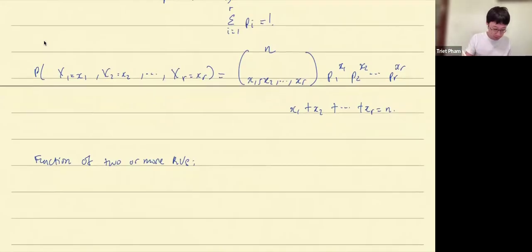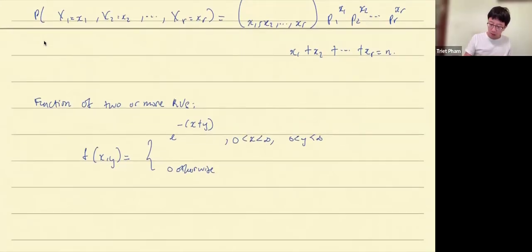For example, you have the joint density of x and y is e to the minus (x plus y). You want to find the density of x over y.